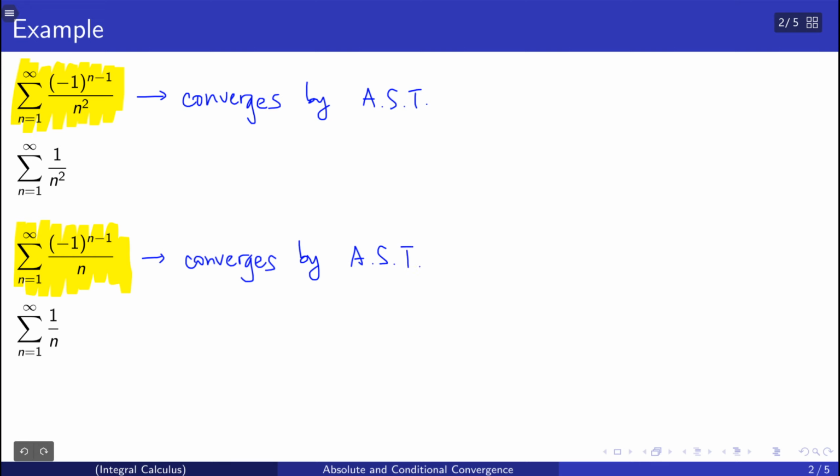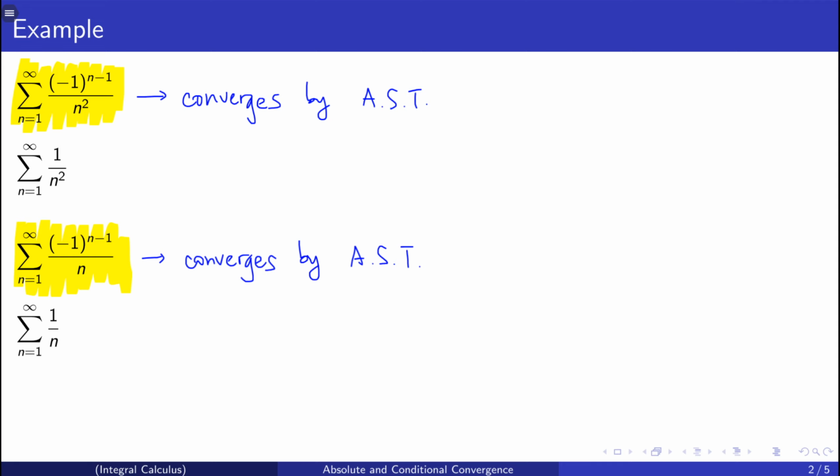So that's a simple application. You first observe that it is alternating, and then you make sure that your terms b_n, the magnitude of each term, are decreasing and go to 0. That's true for both these highlighted series, so they both converge. However, if you look at the corresponding series without the alternating signs, you get different behaviors.